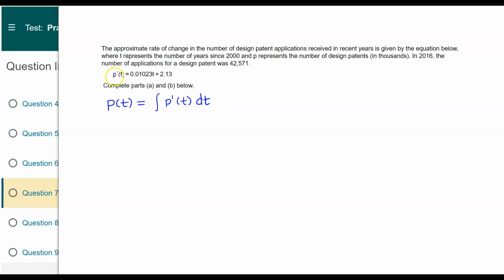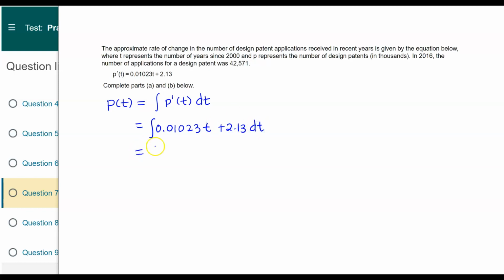So this is just the integral of 0.01023 T plus 2.13 dt.